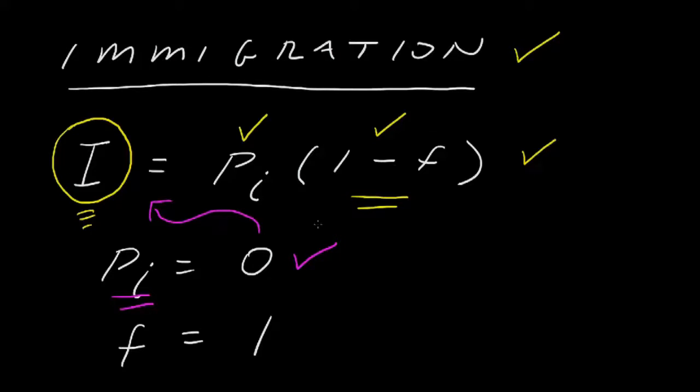Also, if all the sites in our metapopulation are occupied, so we have an F value of 1, we also have immigration going to 0. Sort of makes sense, right? If everything's colonized, every potential patch is filled, there's no chance that those sites can become recolonized or colonized. They're simply already occupied.